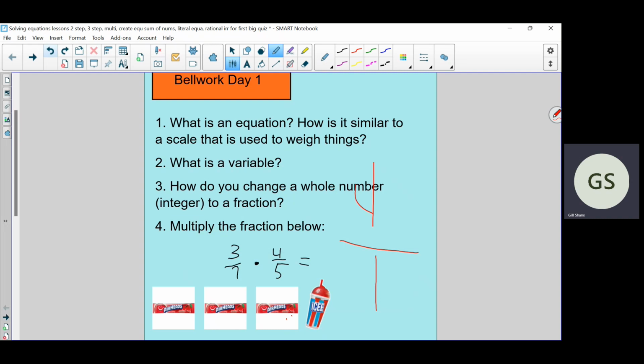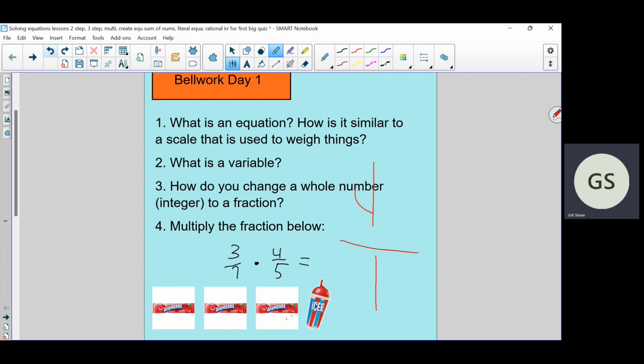It's just division, right? We said this line means division. That's what a fraction is. I'm just saying 4 divided by 1. What's 4 divided by 1? Still 4. I didn't change the value of it. I made it look different, but it's still 4.